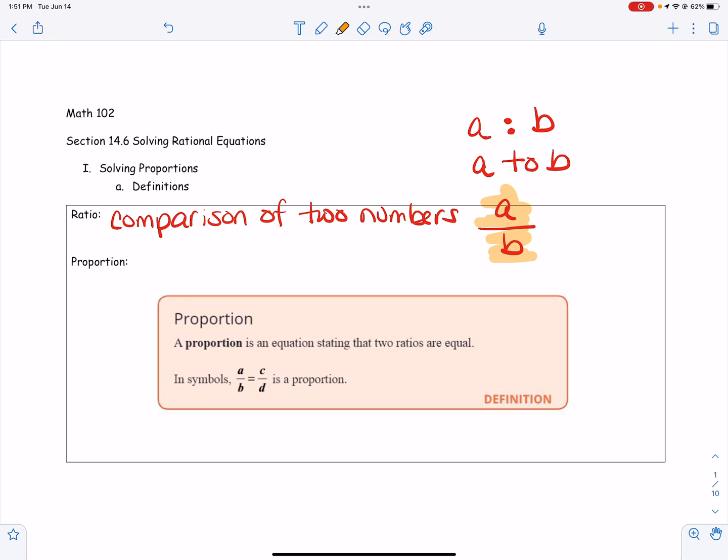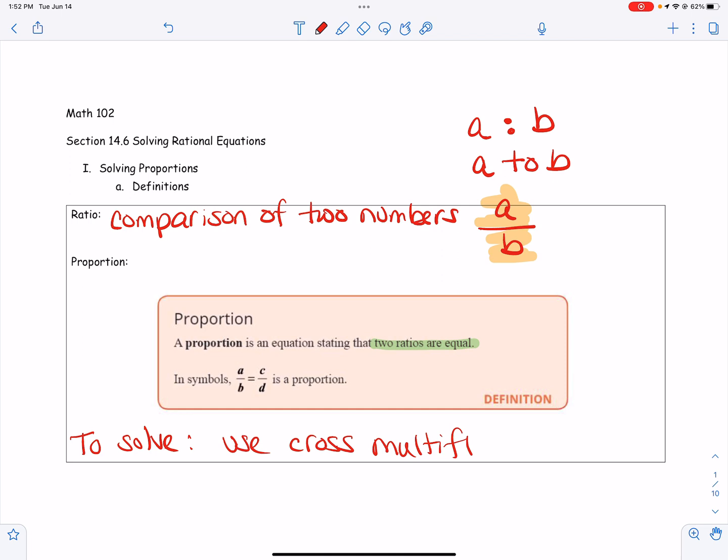When we have two equal ratios, that's what a proportion is. Two ratios that are equal. So we're going to set A over B equal to C over D. And to solve, we are going to use cross multiplication.